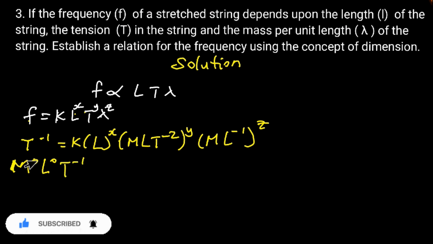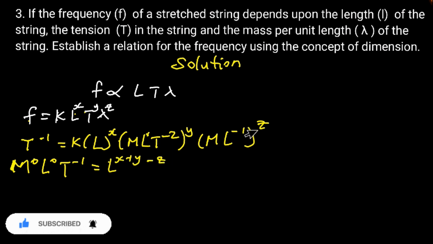Alright, so this thing I wrote is the same thing as T raised to the power negative 1, equal to, let's collect like terms here. For L, we have the power x plus y, because L multiplied by 1 here will be L raised to the power y. Then L raised to the power negative 1 times z is L raised to the power negative z. So L will have the power x plus y minus z.